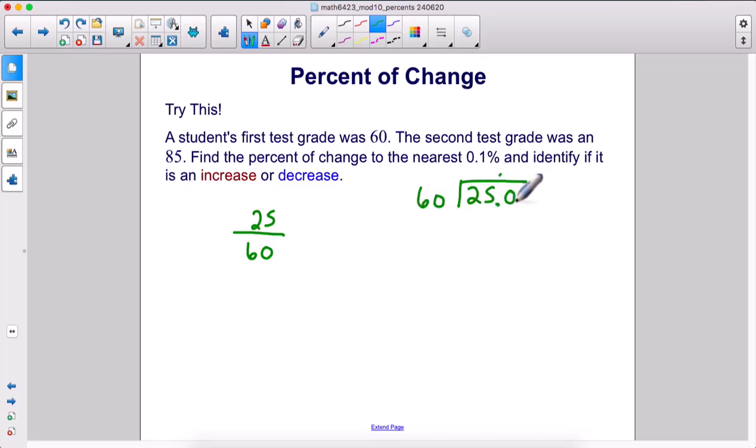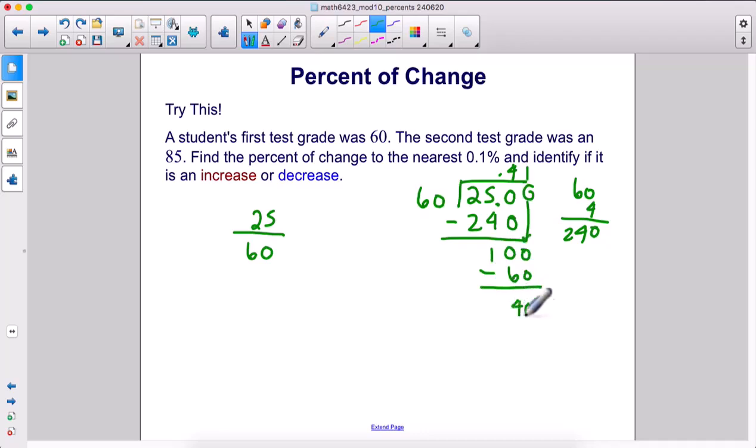60 goes into 250. Let's see. 3 times would be 180. 4 times, so 60 times 4 would be 240. So we got 4. We have a 10. So we'll add a 0. 60 goes into 100 1 time. So that's going to be 40.